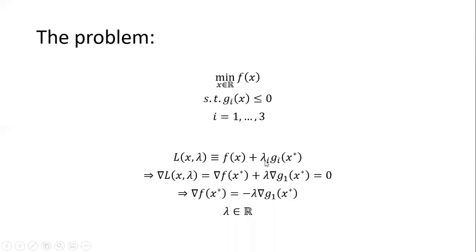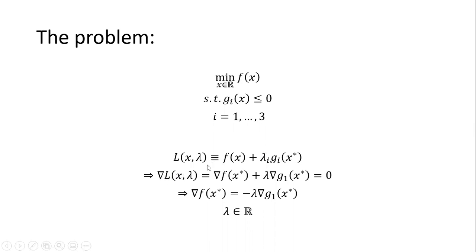So we know that g2 and g3 have a Lagrange multiplier of 0, and the Lagrangian is f(x) plus lambda 1 g1(x star).